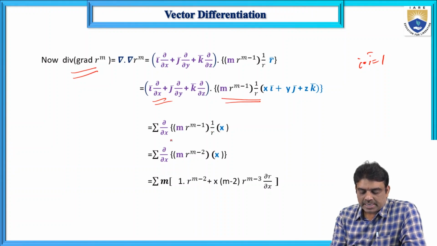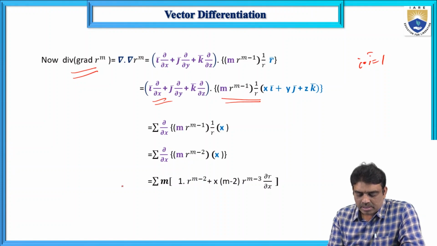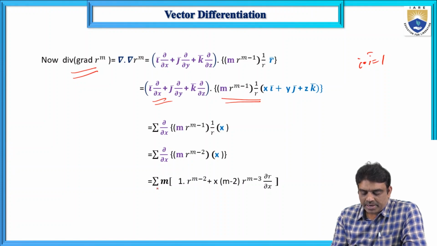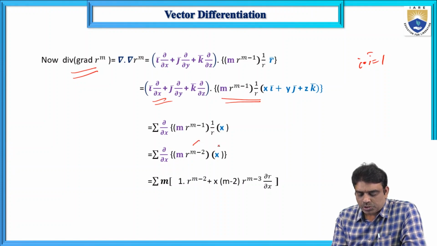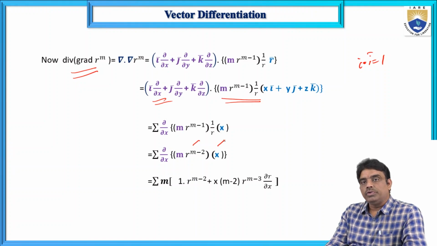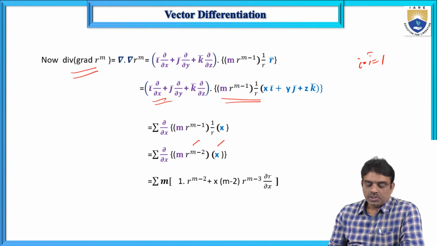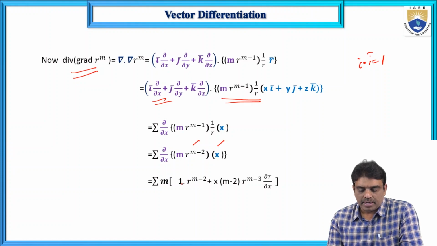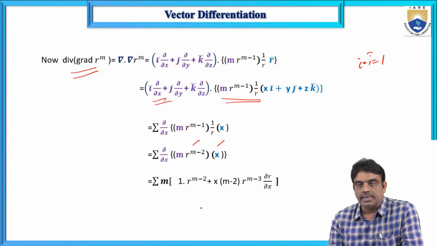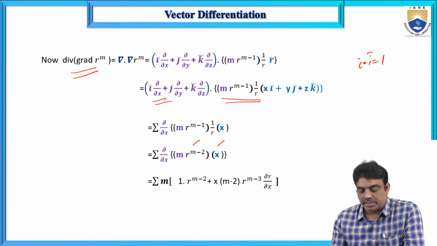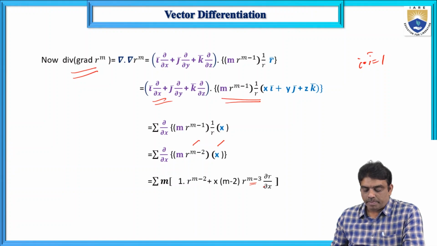So I'm differentiating again. I can write this as m r^(m-2) x, as already written in the previous slide. I'm differentiating: m is constant, and r^(m-2) and x are both functions of x, so we have to go for the UV method. I differentiate x with respect to x, which is 1, treating r^(m-2) as constant, plus x as it is, and the derivative of r^(m-2), which is (m-2) r^(m-3) ∂r/∂x.